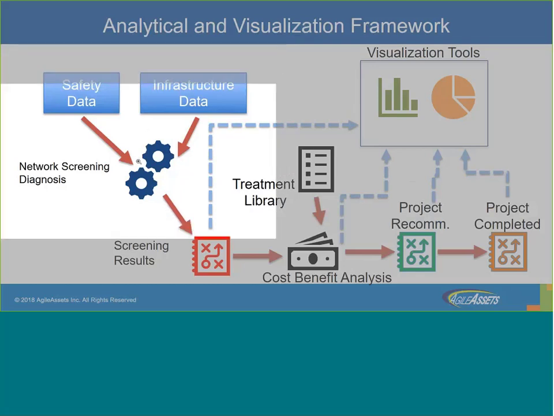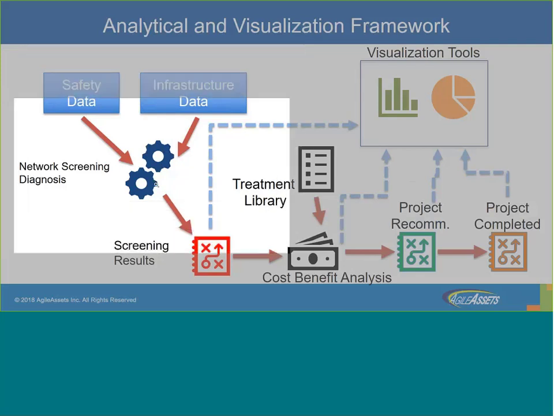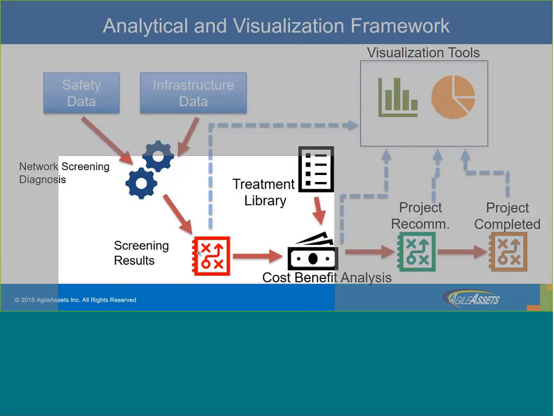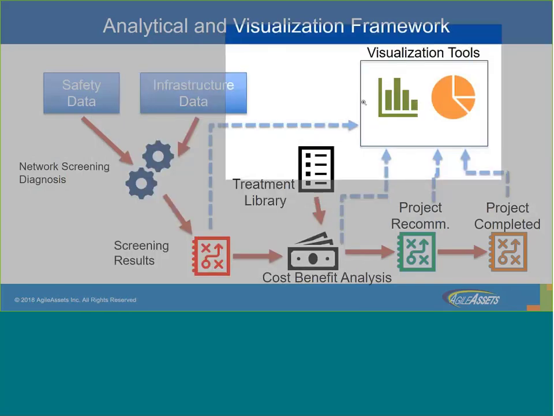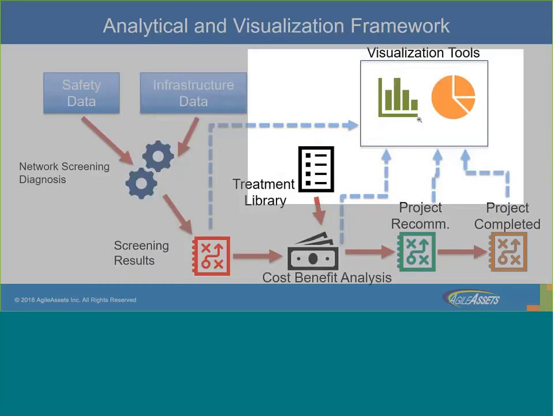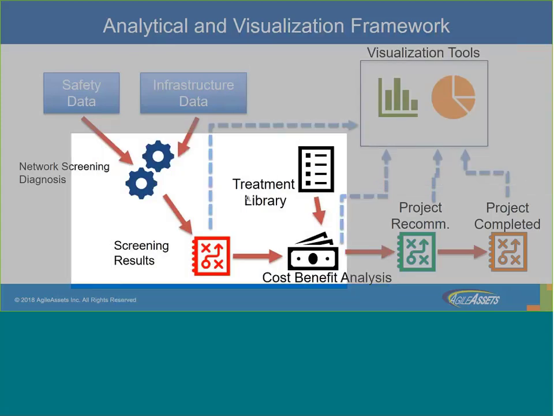Combining these two, with the help of network screening and diagnostic engines, we run different scenarios, and that gives us the screening results, which are the network screening results. These network screening results can be an input to the visualization tool. We'll cover the Summit visualization tool, where we can feed that information and actually visualize the data from the screening results.